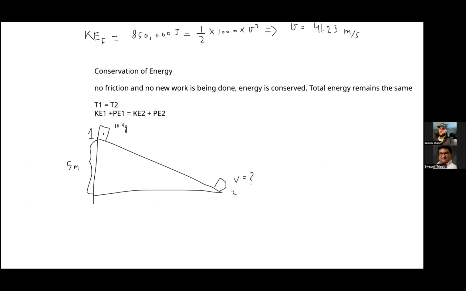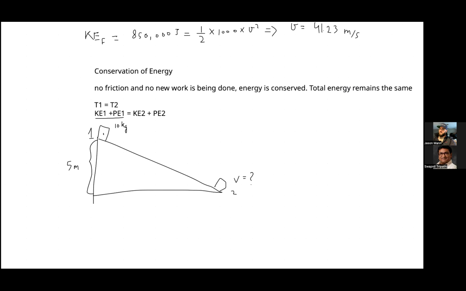So you have to calculate the kinetic energy at 1 and potential energy at 1, and the kinetic energy at 2 and the potential energy at 2. When you're doing things like that, either you will calculate them as a number, or if it's unknown, then you simply write its formula.